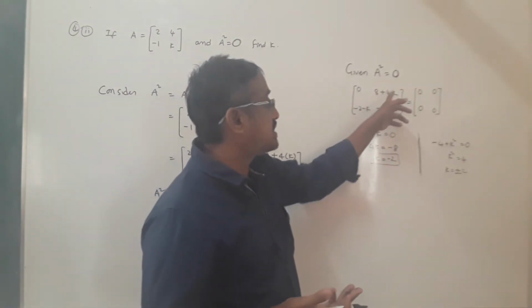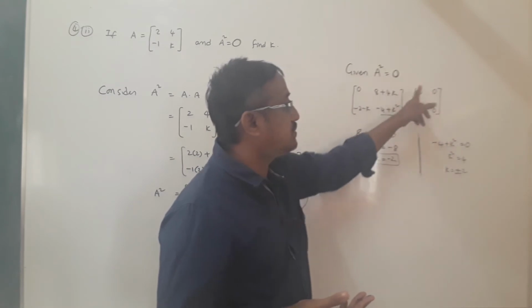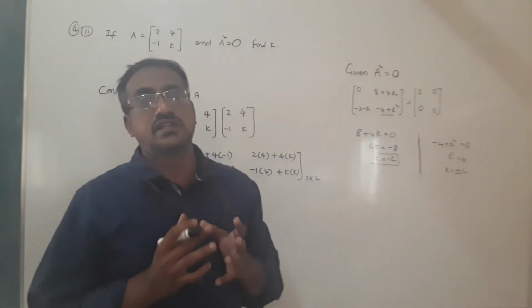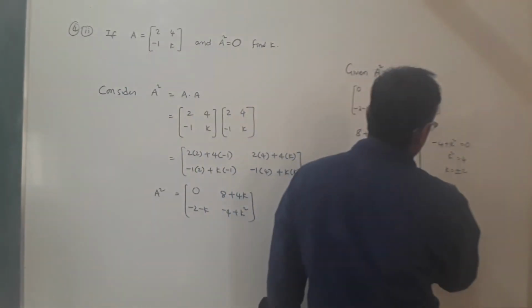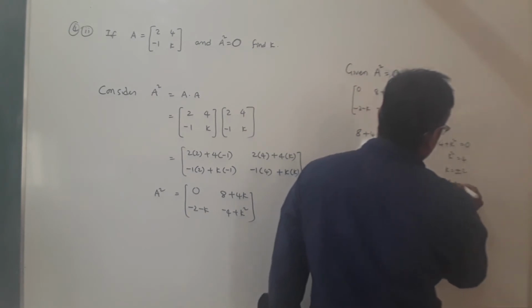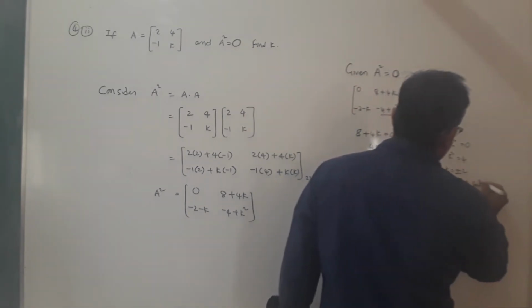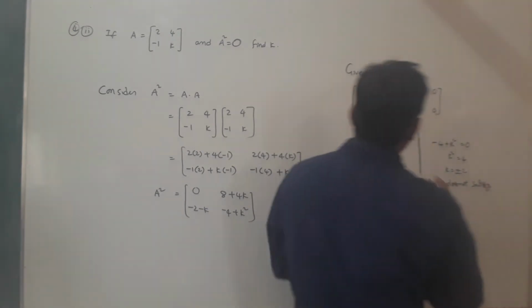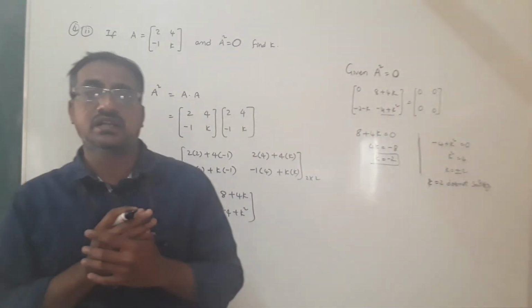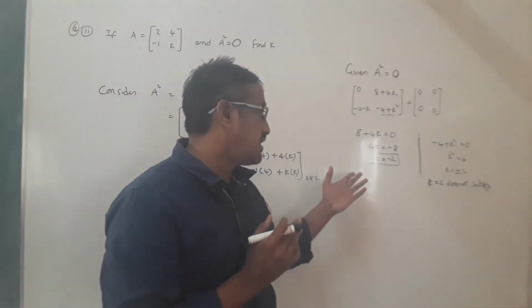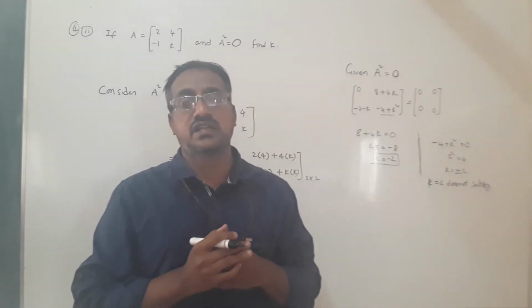But the result must be equal to 0. So k is equal to 2 does not satisfy the given matrix. Hence, the required value of k is minus 2.